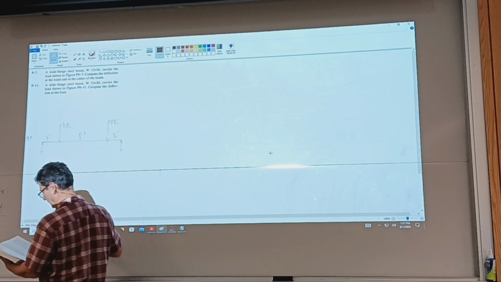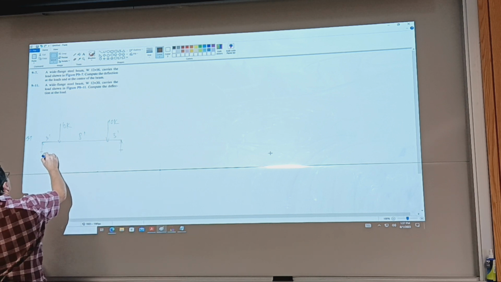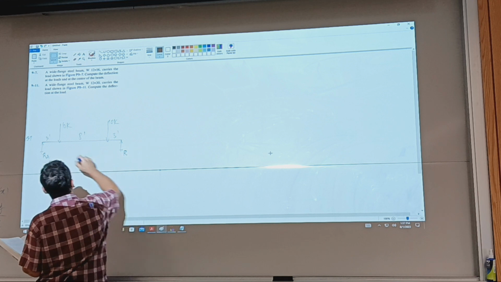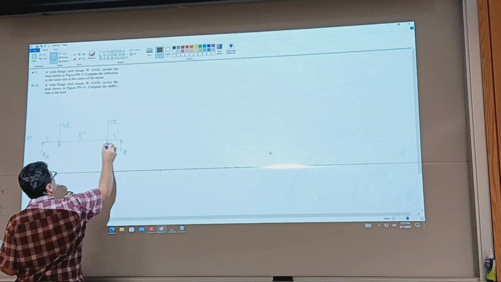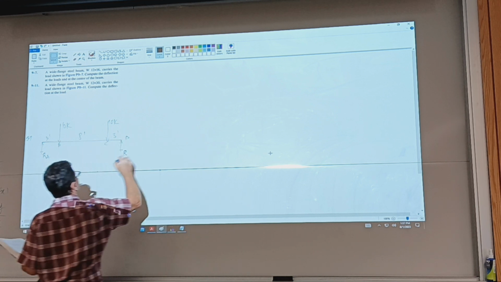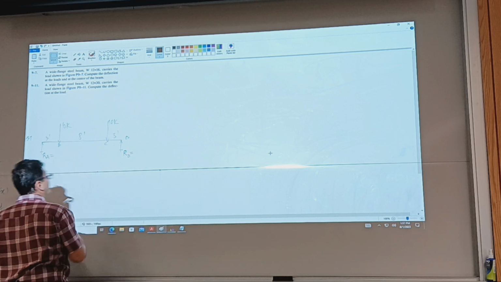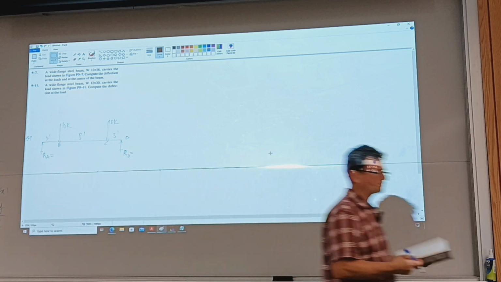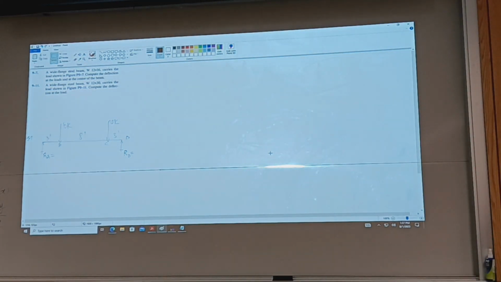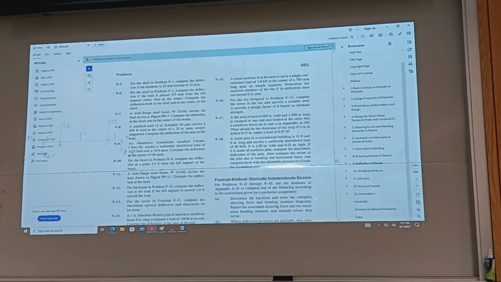I have RA, I have R, I can call this B, C, and D. I think they have a name for the middle point, D. We're going to use the formula method because we're asked to find the deflection at the load and at the center of the beam.